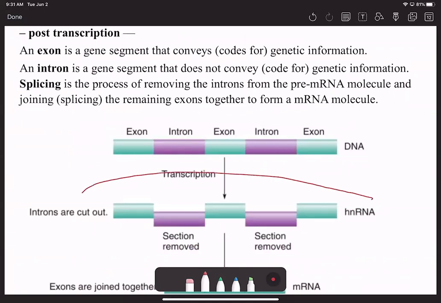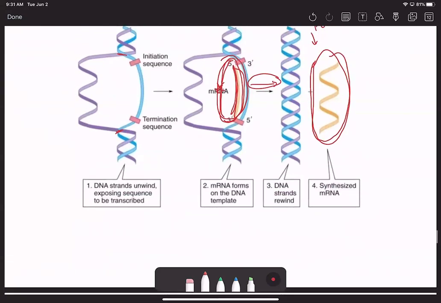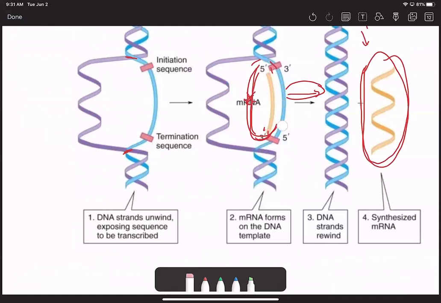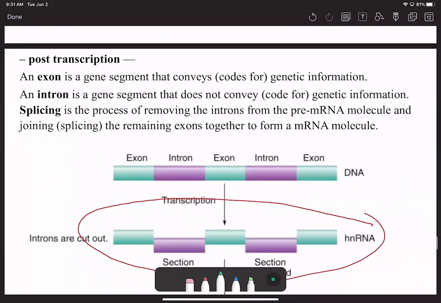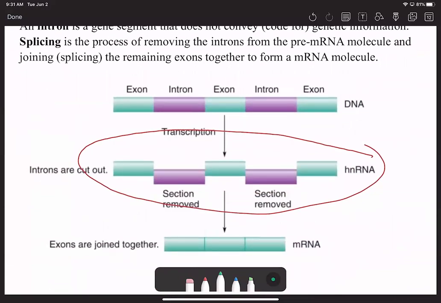Here we have some RNA that's formed, and I've already kind of cleaned this up a little bit. So we have some messenger RNA made, but we're not completely finished with it. It has to go through what we call post-transcription. So DNA has what we call introns and exons.